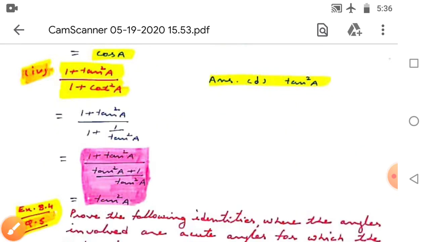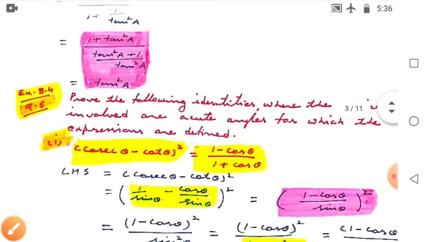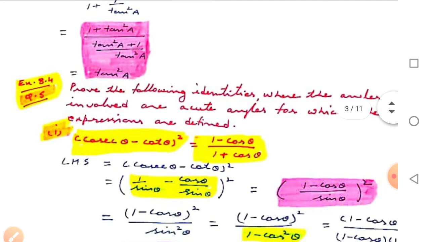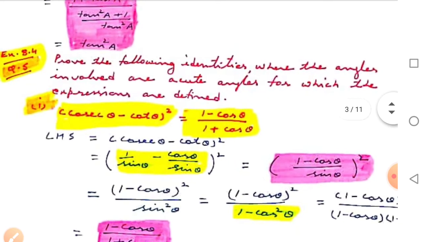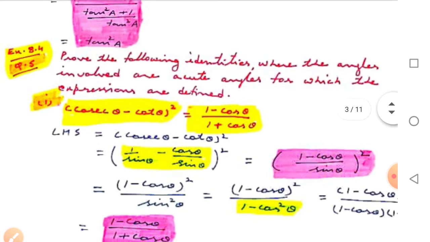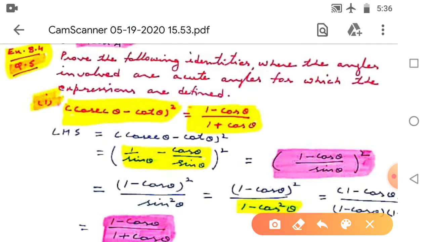Okay, now come to question number 5, and now all these questions are identity based questions, and be a little bit more attentive now. Clear? Question number 5, 8.4.